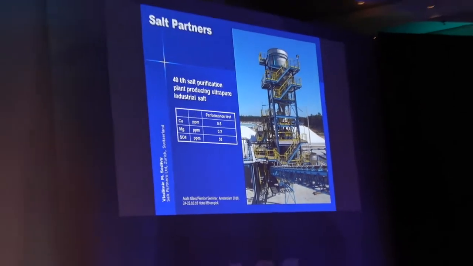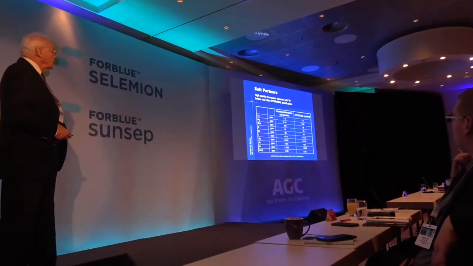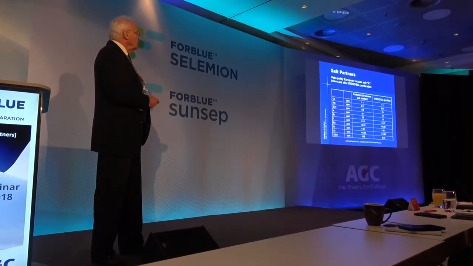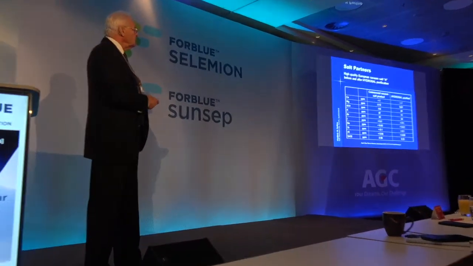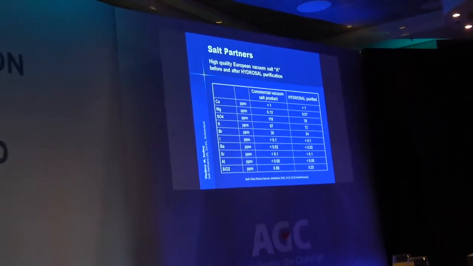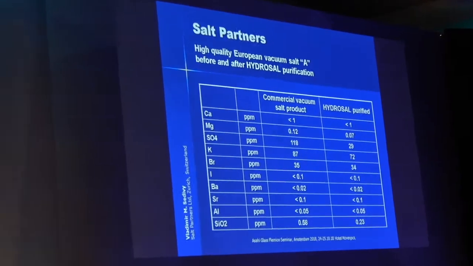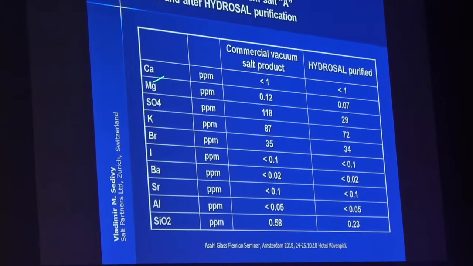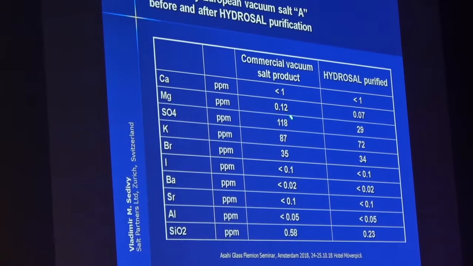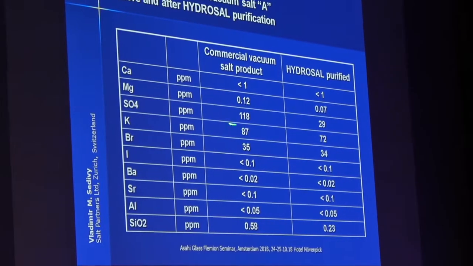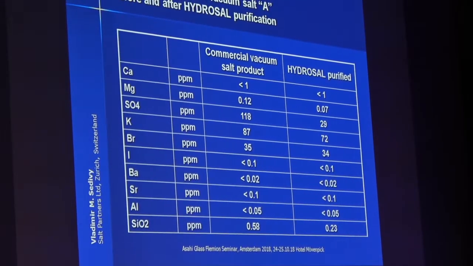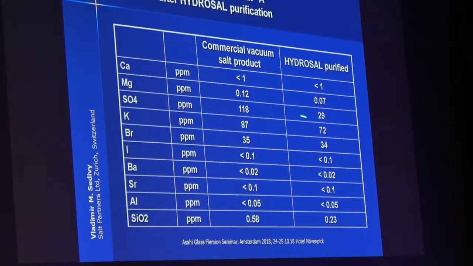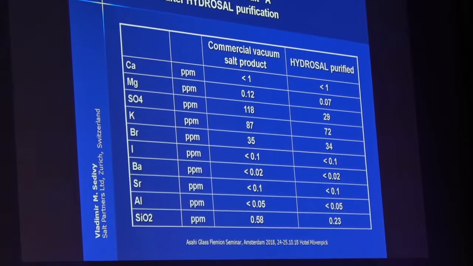If you know that, and if you compare it with figures like this, commercial vacuum salt product and hydrosol purified salt, you can see that in a good quality vacuum salt, as far as the sulfate is concerned, we are somewhere around 100 ppm in a very, very good quality vacuum salt, and we can get down to about 29.